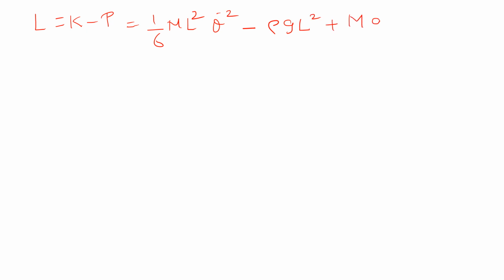So we have got the kinetic energy and potential energy. Now we have to get the Lagrangian, which is K minus P. So we have the kinetic energy 1 by 6 m L squared theta dot squared minus the potential energy, which is mg by 2 L cos theta.